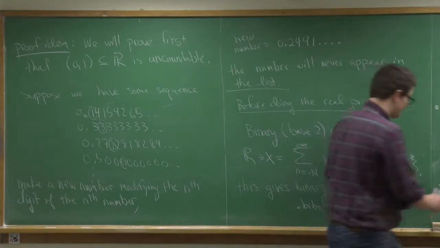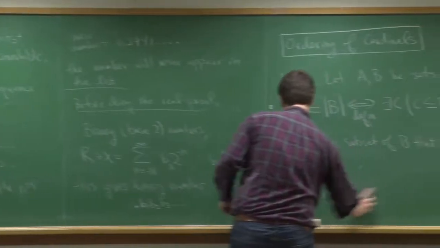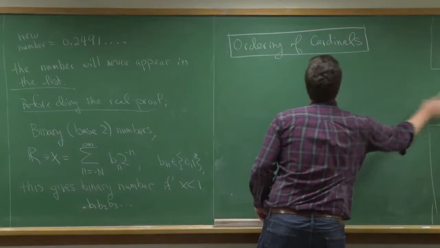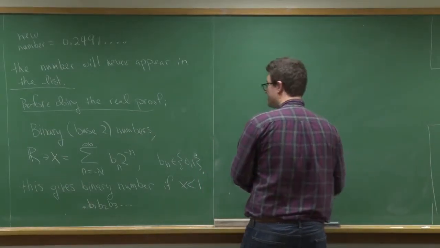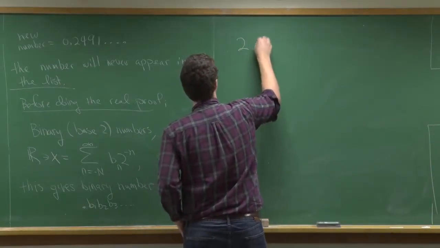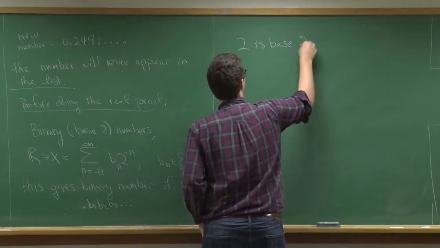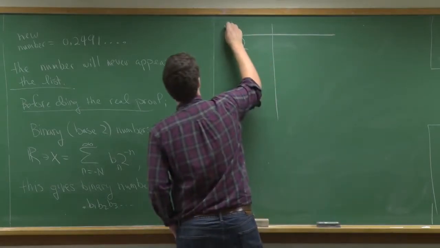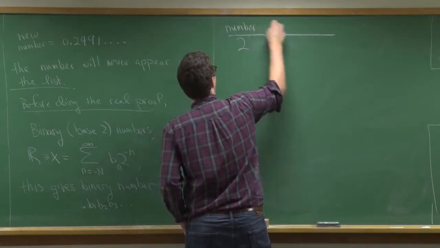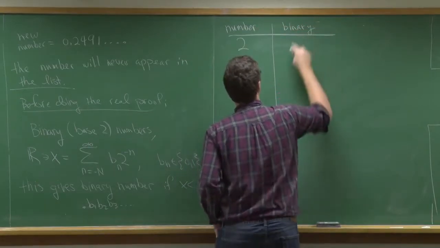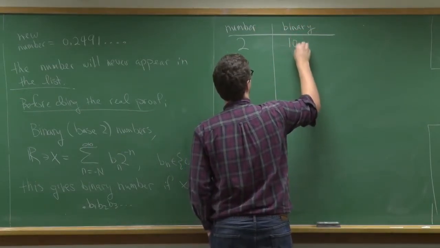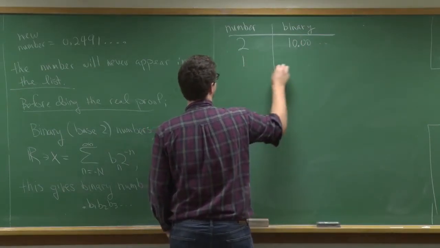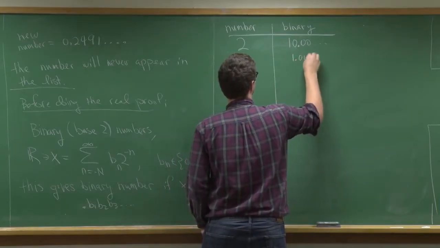Let me give you some examples. So 2 in base 2 is 10.00 and so on. 1 is 1.00 like this.